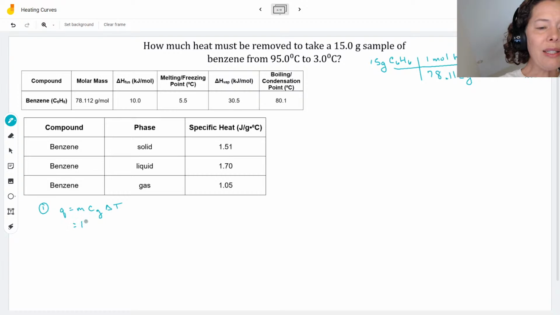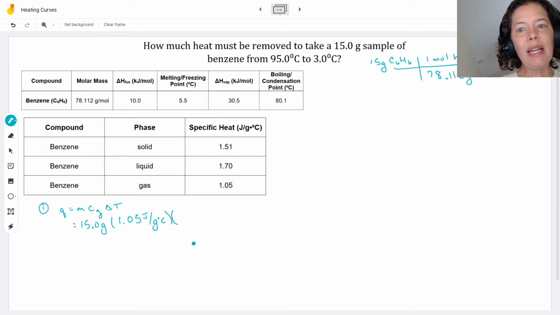So our mass is 15 grams, and my specific heat for that gas is 1.05 joules per gram times degrees Celsius. And my delta T, going down to the condensation point, I'm going to end at 80.1 degrees Celsius, and I started at 95.